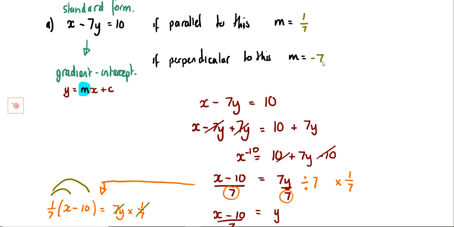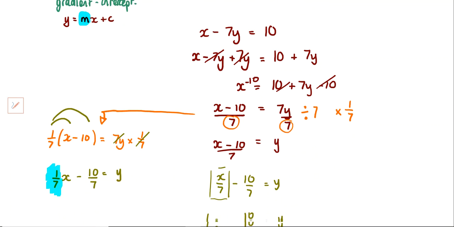Can you see what we have to do now? So probably all of those you are going to have to rearrange into gradient intercept form, and then you can answer which ones are parallel and which ones are perpendicular.